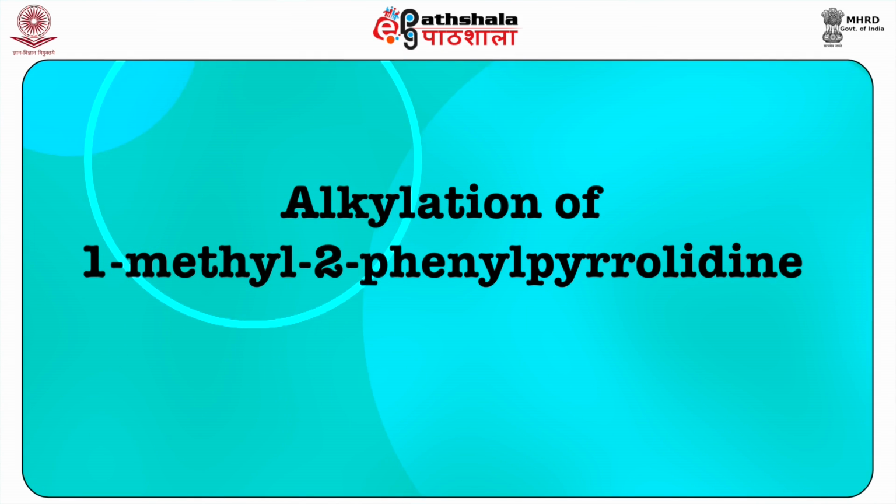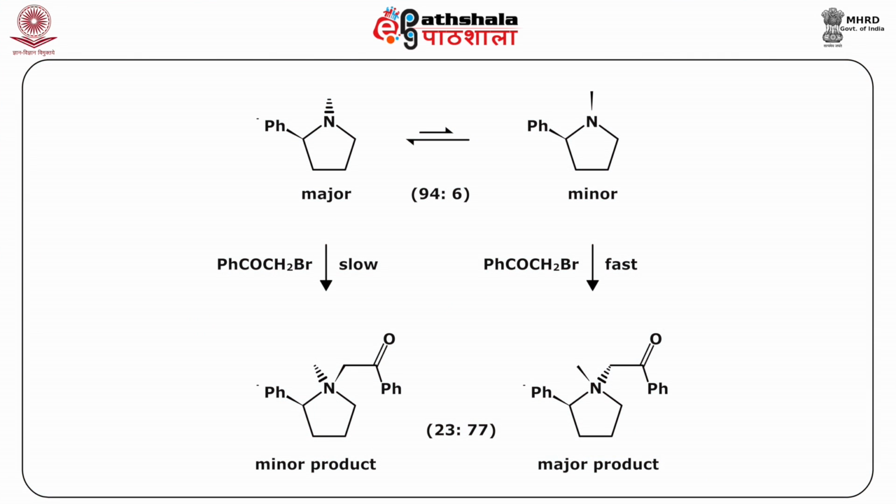Alkylation of 1-methyl 2-phenyl pyrrolidine. 1-methyl 2-phenyl pyrrolidine yields mainly an anti-alkylated product via alkylation of the minor cis conformer when treated with phenacyl bromide. In both the instances, the less stable conformer is more reactive to such an extent that the major product of the reaction results from this minor conformer.